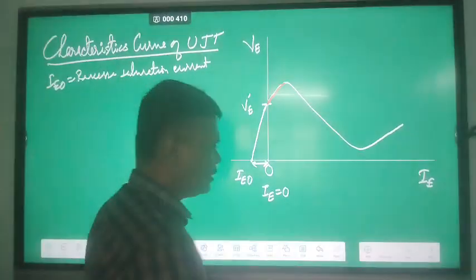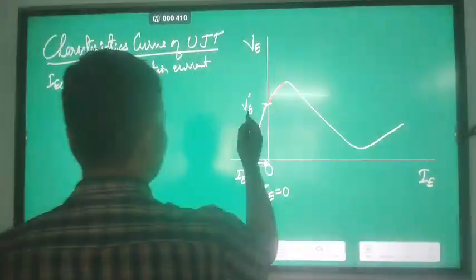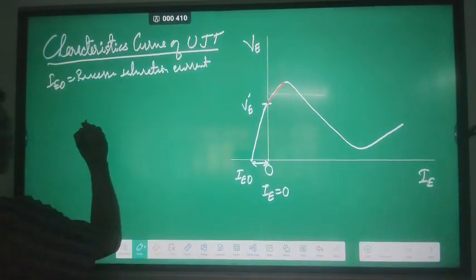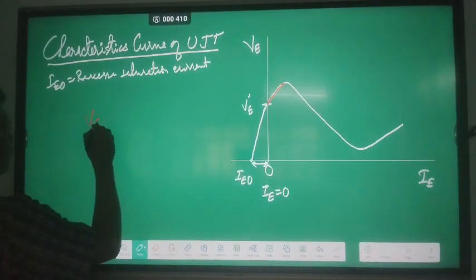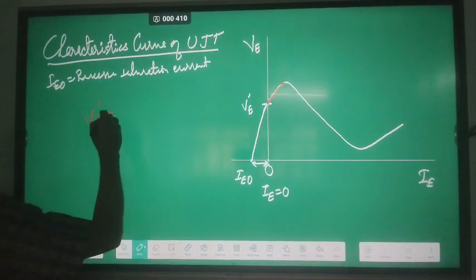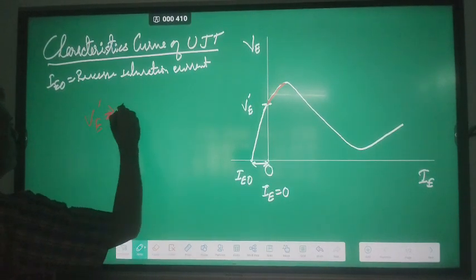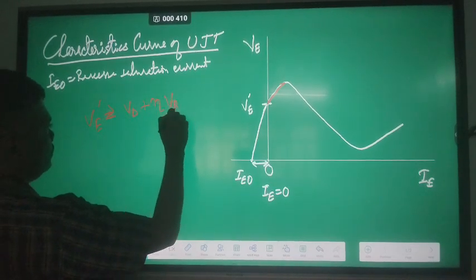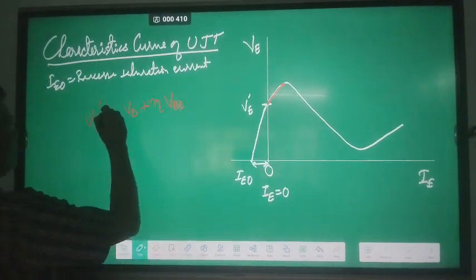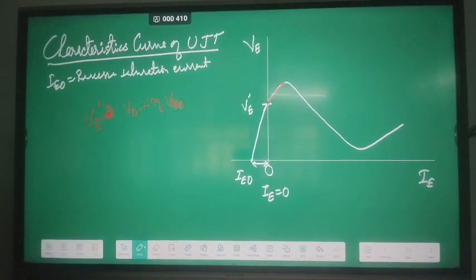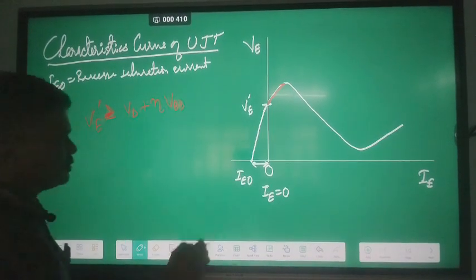If you increase the value of VE further, then VE will be equal to or greater than VD plus eta VBB.